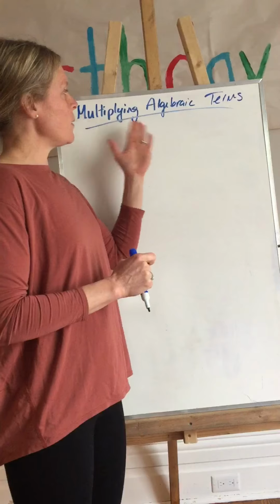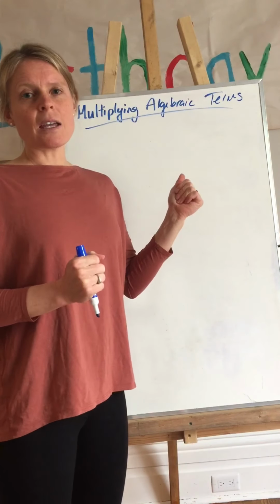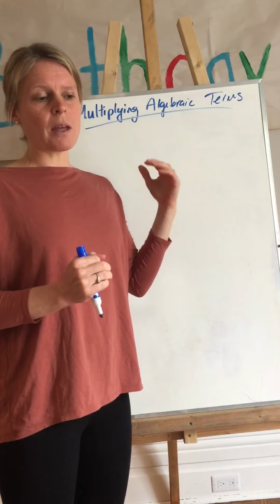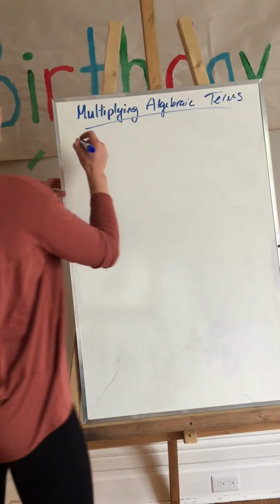The key to this is that there's a bunch of rules, 3 really, and you're just going to have to remember them and then apply them. So first rule is this.